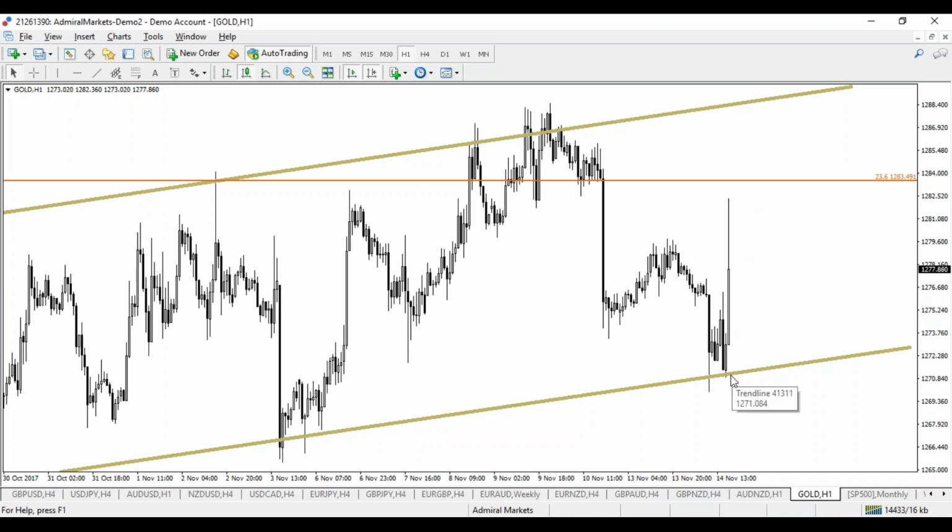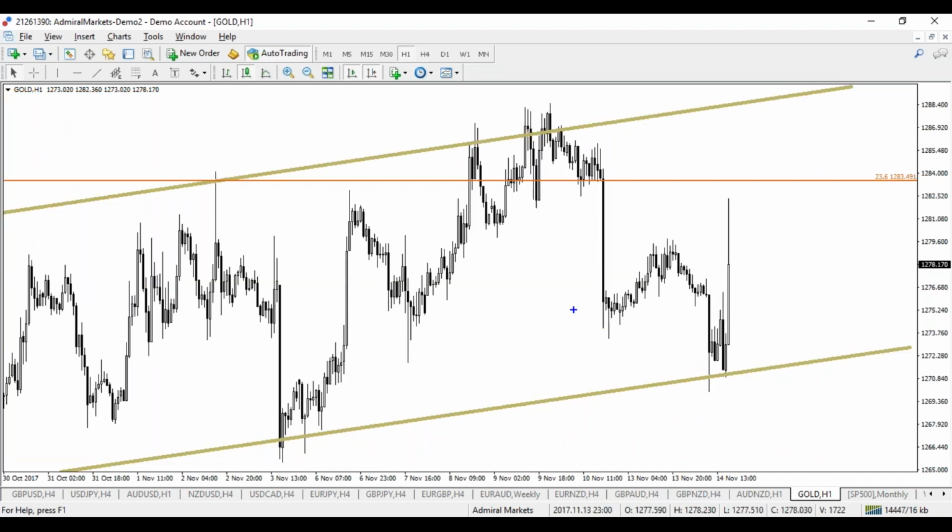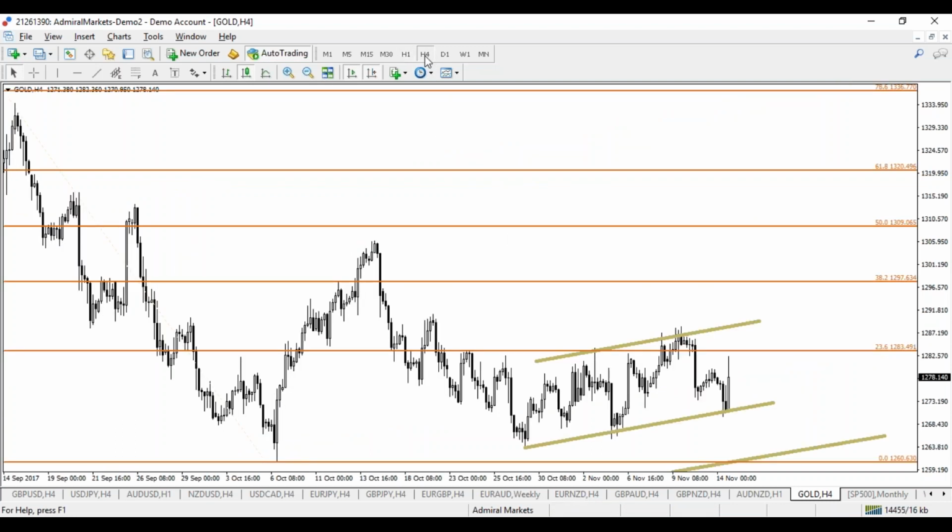And that happened just this hour. Wow. A little bit of divergence probably between these bottoms, I would suspect, and we're getting some upside.